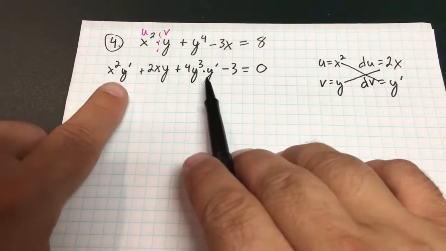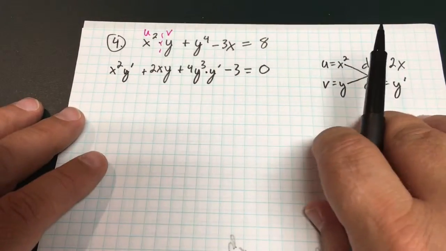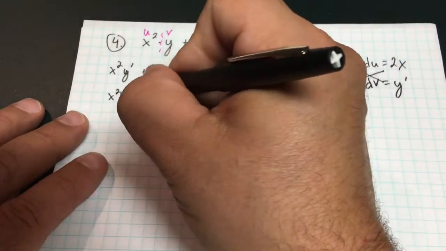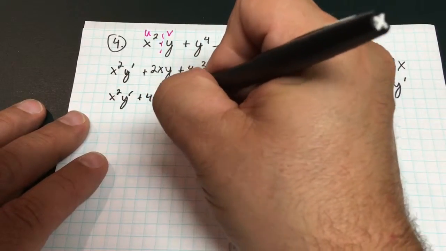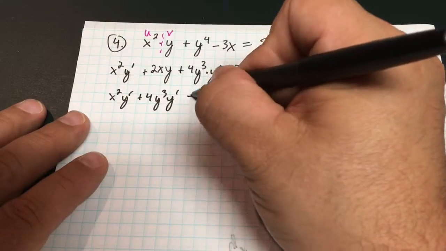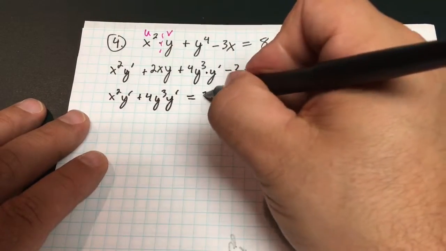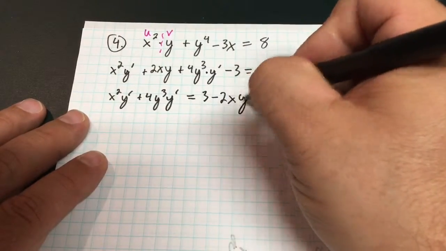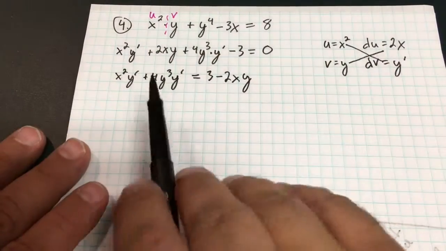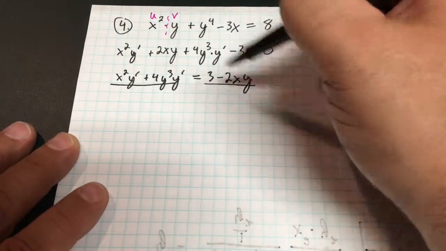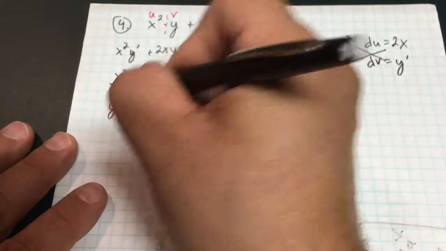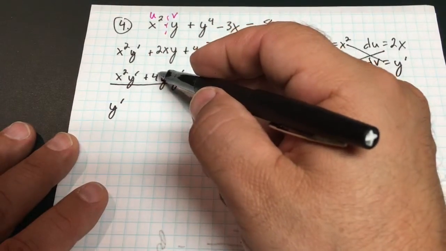Now I have to solve this for y prime. So I'm just going to do some grouping, a little bit of algebra. That's going to give me x squared y prime plus 4y cubed y prime equals, add 3 to both sides, subtract 2xy from both sides. Now I'm going to factor out a y prime, but if you do this enough, you start to realize that when I factor that y prime out, I'll just be left with x squared plus 4y cubed.